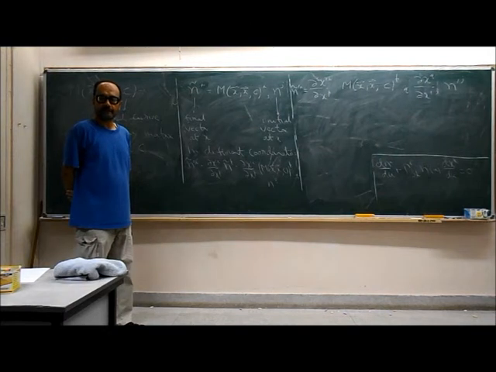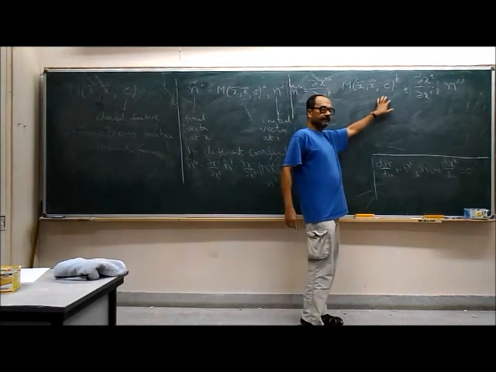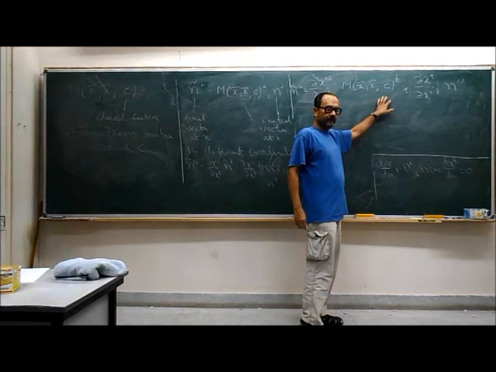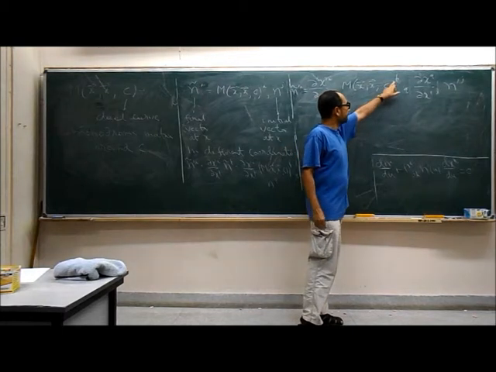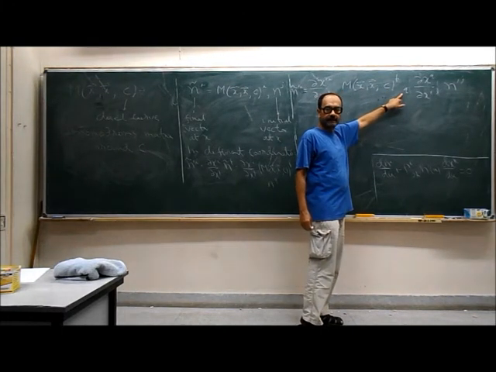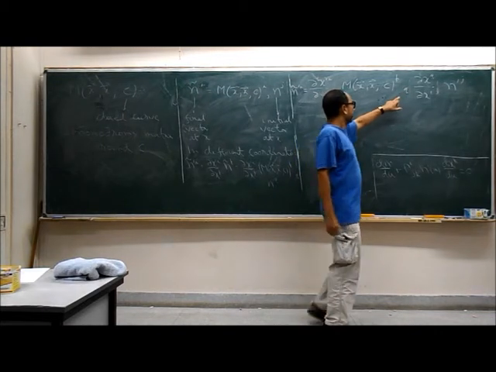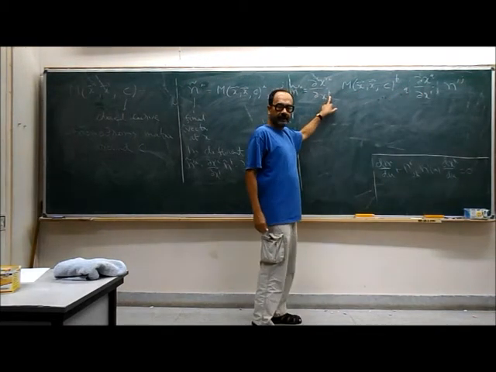Is this clear? Now suppose this was identity. Suppose the monodromy matrix was identity. Then this is delta p q. Right? Identity means it's delta p q. But that means that this q is contracted with this p over here. Right?